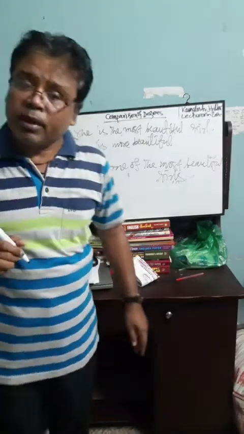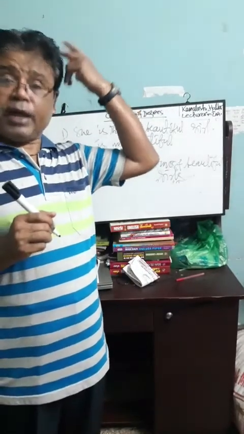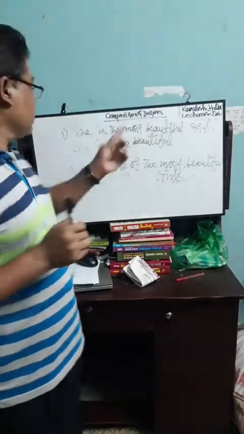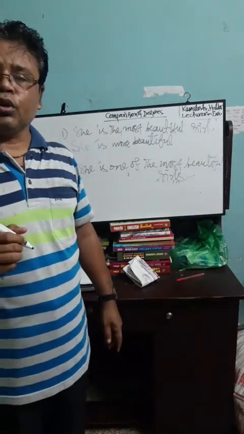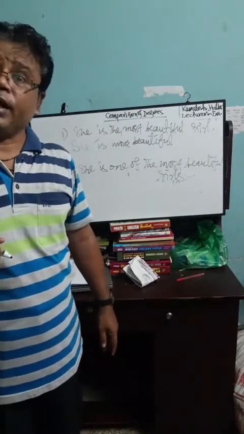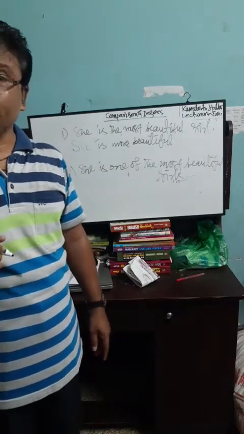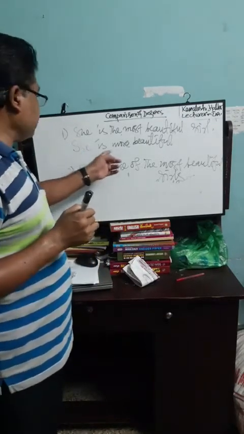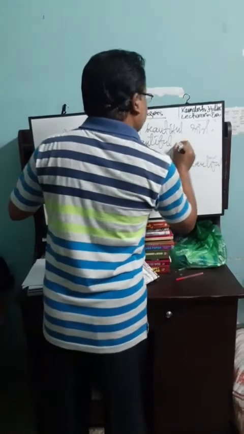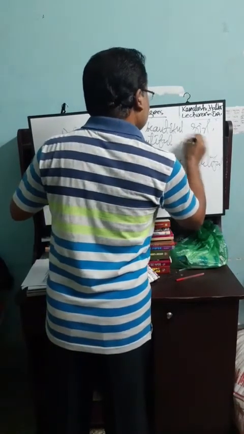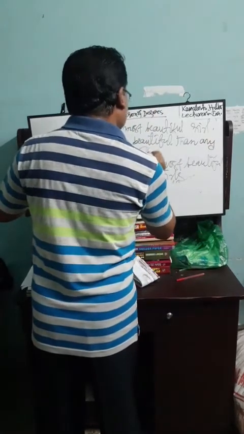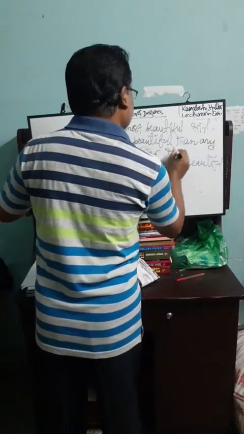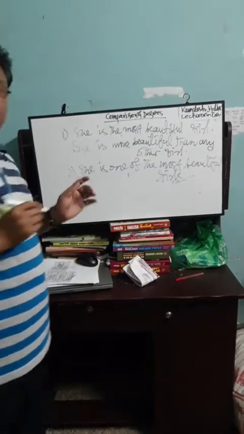We have to remember the previous two lines. In the comparative column, we wrote down than any other and than most other. She is more beautiful than any other girl. Okay?